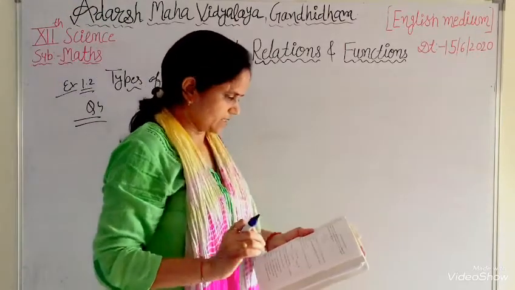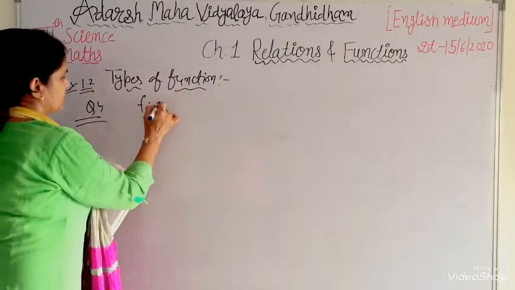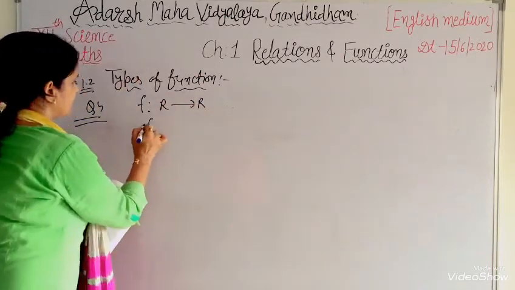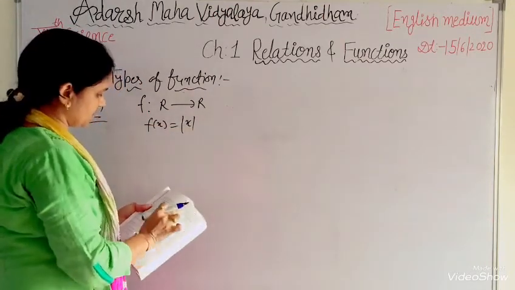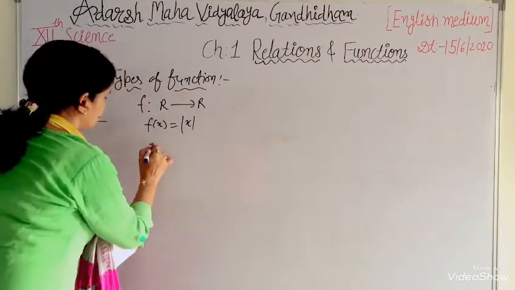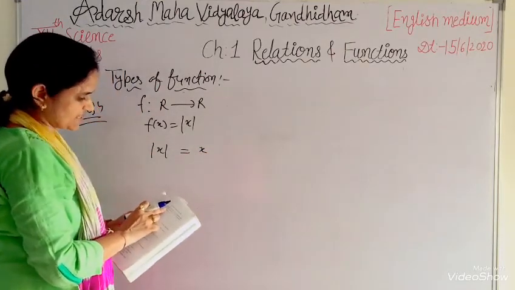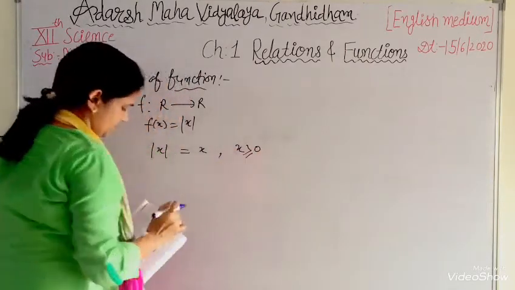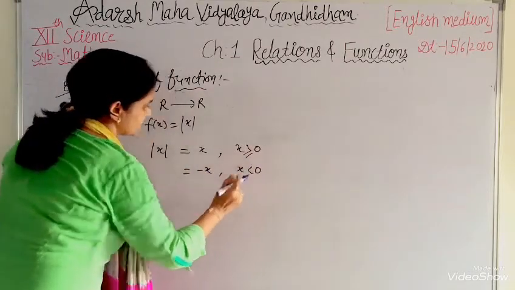Question number 4 is: show that the modulus function f from R to R given by f(x) equals mod of x is neither one-one nor onto, where mod of x is x if x is greater than or equal to 0, and minus x if x is less than 0.